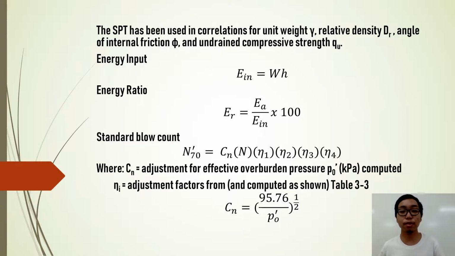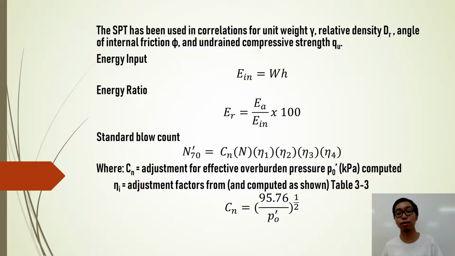Next, in order to correlate the standard penetration test with the other variables, we need to talk about the standard blow count. The standard blow count is N70. It has been standardized since recent data using current drilling equipment show that N70 is close to the actual energy ratio obtained in North American practice.